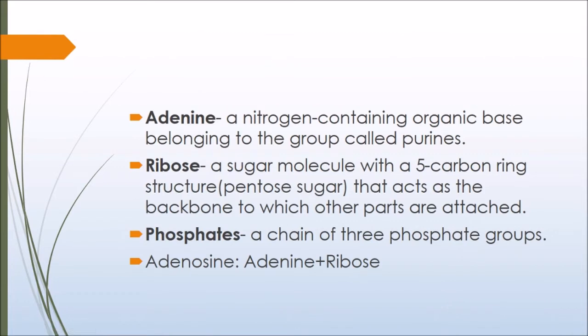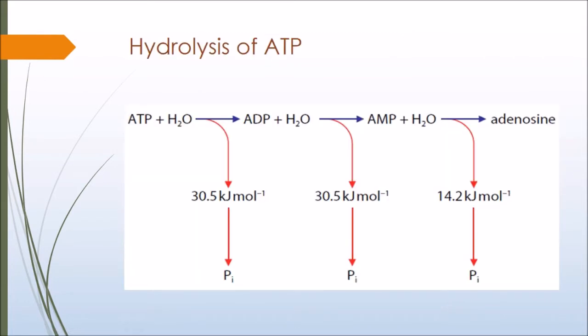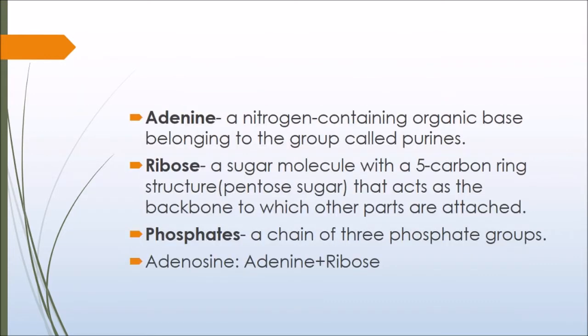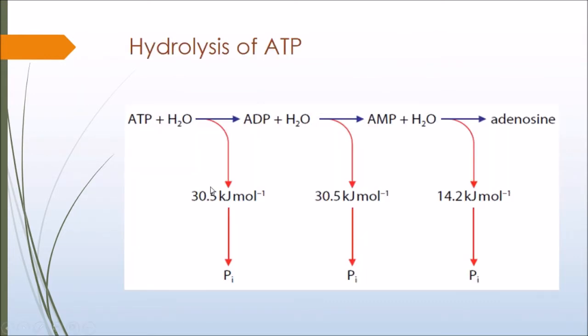If we add water to the ATP, we can get that energy. We can break down the last phosphate group and take 30.5 kilojoules and convert it into ADP. ADP, D means 2, so there are 2 phosphates.